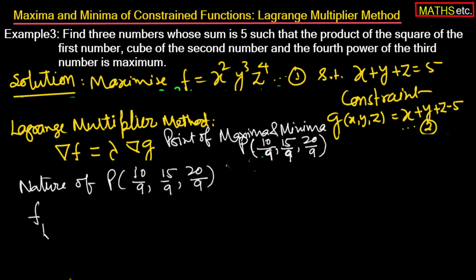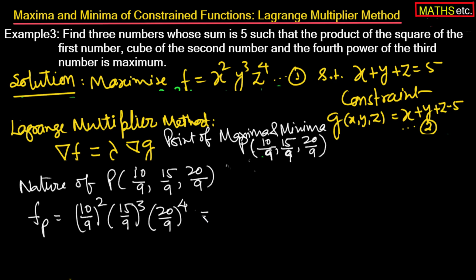So the value of the function at P is equal to x squared, that is (10 over 9) whole squared, multiplied by (15 over 9) whole cubed, and (20 over 9) whole raised to the power 4. This comes out to be 10 raised to the power 2 multiplied by 15 raised to the power 3 multiplied by 20 raised to the power 4, whole over 9 raised to the power 3 plus 2 plus 4, that is 9 raised to the power 9.